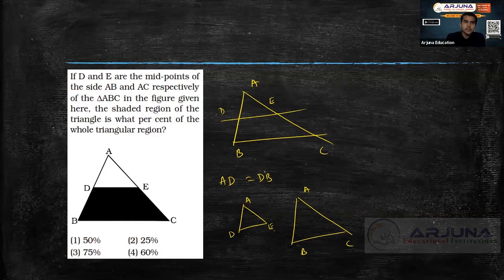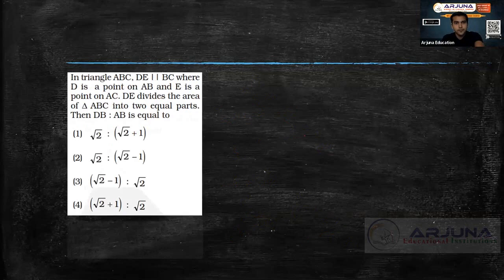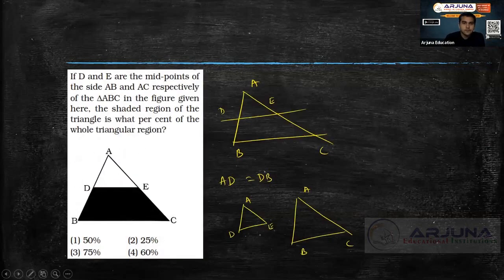There are two triangles here, and this one and this one are similar triangles, and for similar triangles, areas are in the ratio of the squares of the ratios of the sides.